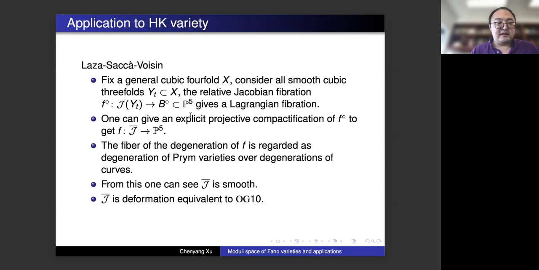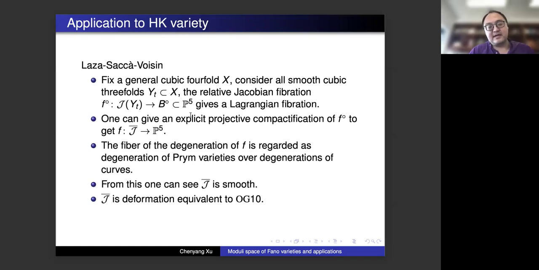And what LSV, Laza, Saccà, Voisin, proved is that we can have an explicit compactification of this Lagrangian fibration to be a projective Lagrangian fibration over P^5. And this construction is explicit.